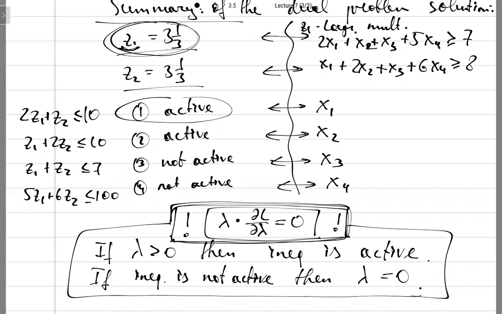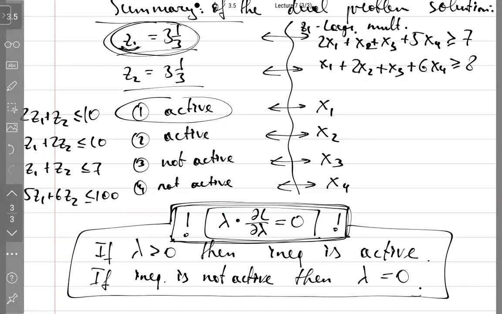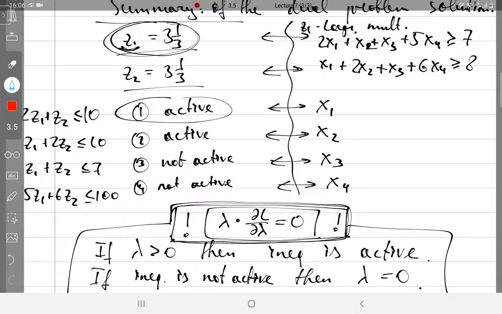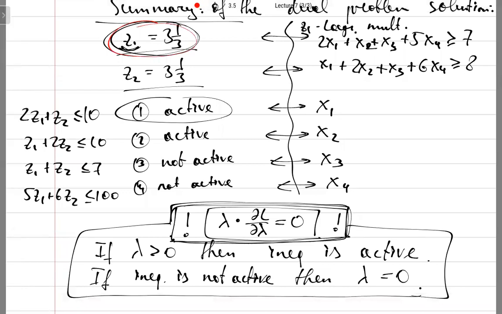Okay, if I have these 2 sentences, what can I conclude? I can conclude that this number is positive, so this inequality should be equality. Yeah, it should be active.